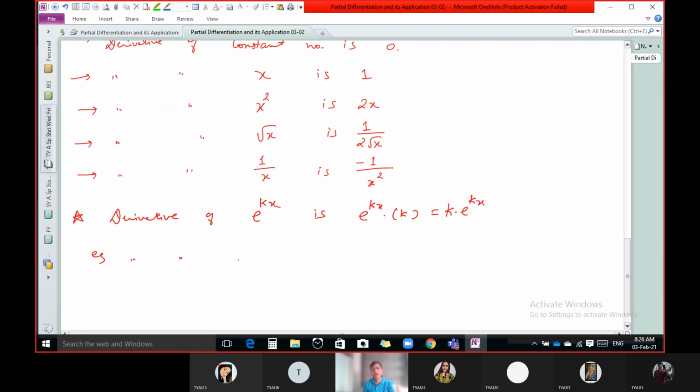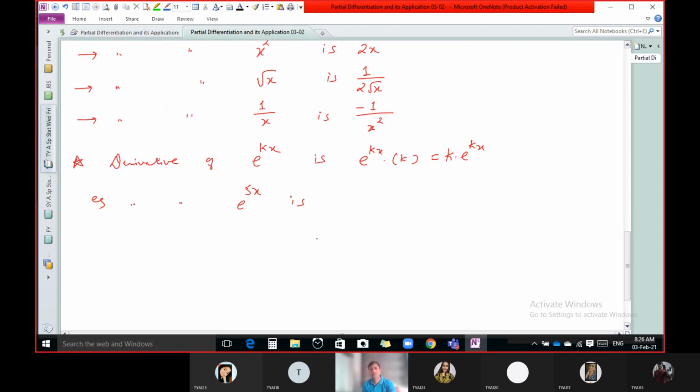Example, derivative of e raised to 5x. Tell me the answer now. 5 into e raised to 5x. Correct. Now tell me the answer for e raised to minus 3x.